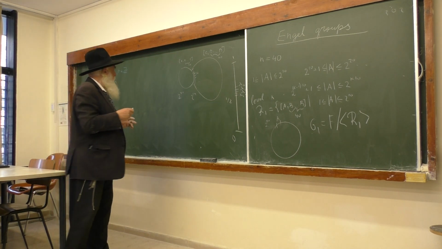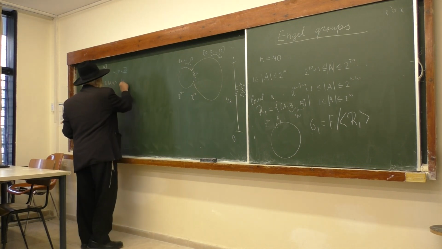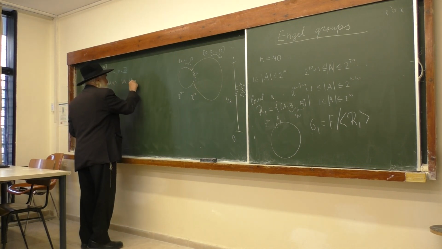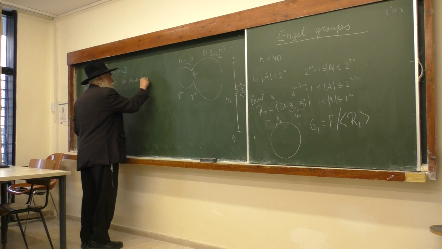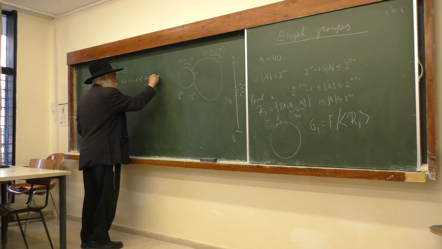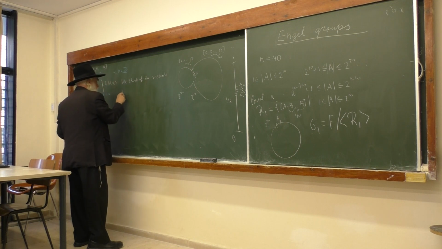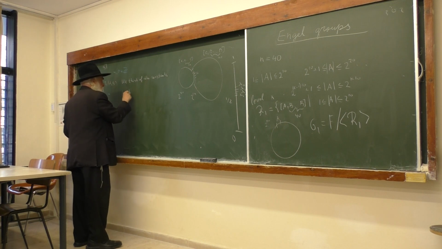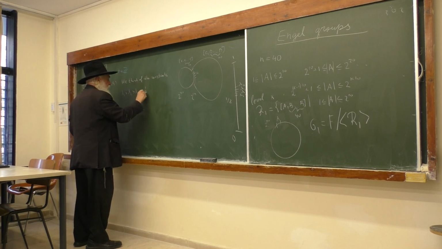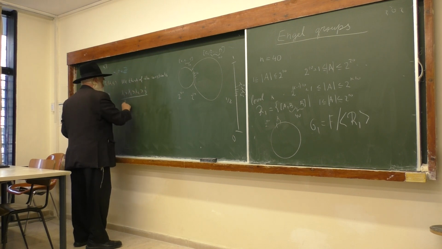Now we think of the constants lambda 1 bigger than lambda 2, bigger, actually lambda 3 bigger than 1/2, close to 1/2.